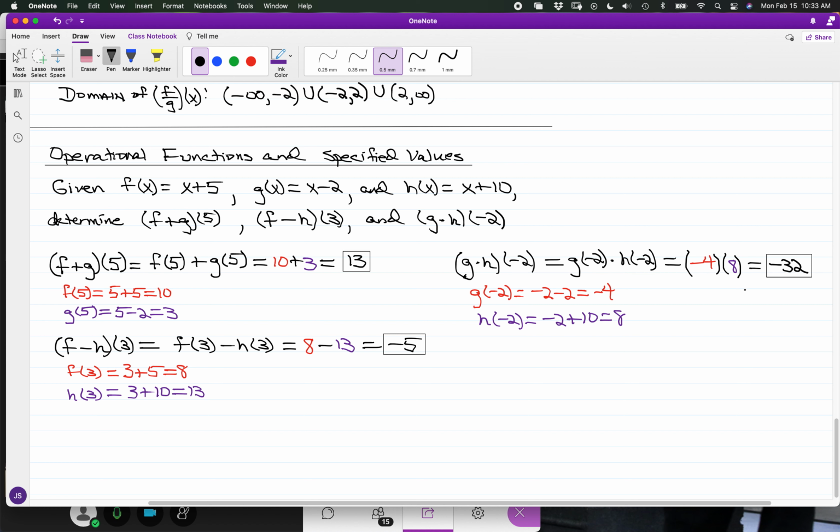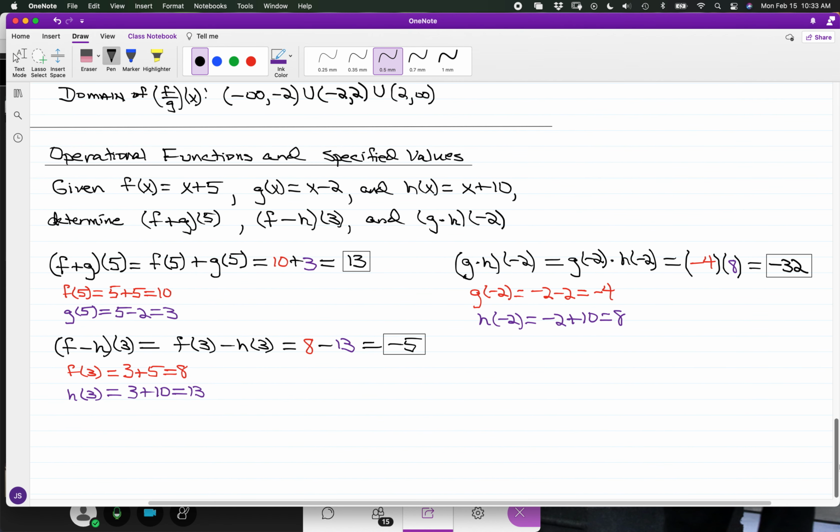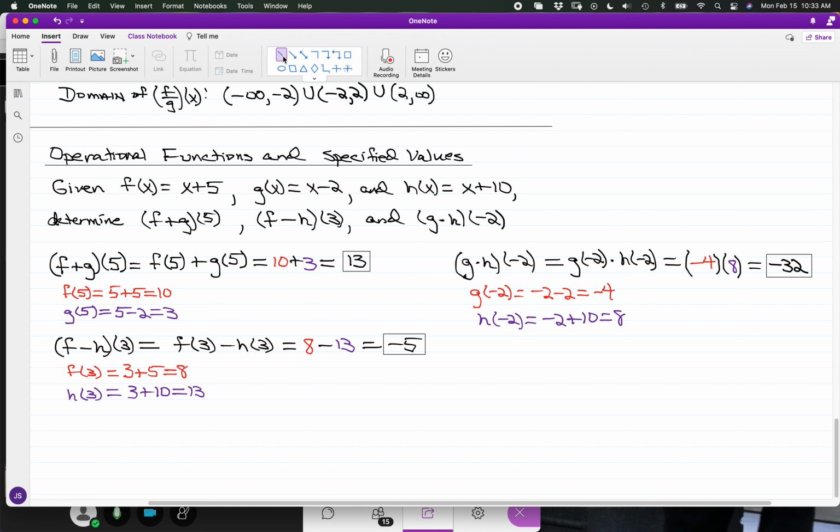All right, and just some things to mention about the domain among operations between functions. So far, when we looked at domain with the sum, difference, and product functions, we had unanimously the set of all real numbers, but that would not necessarily always be the case.